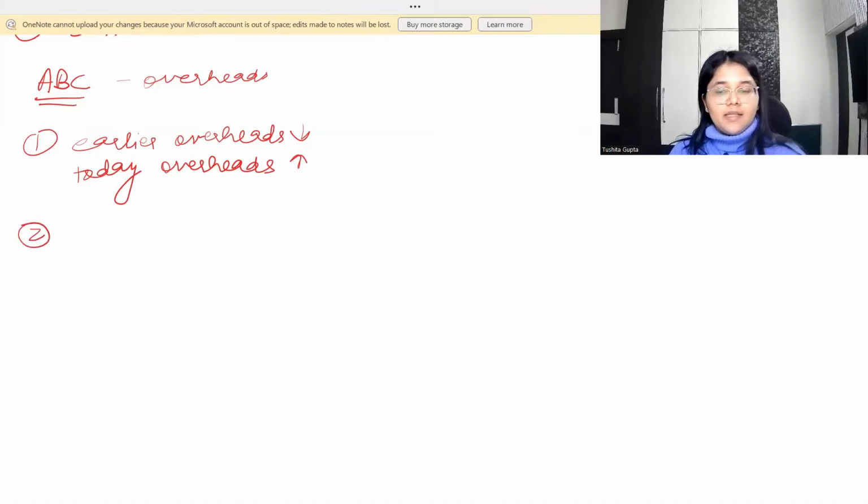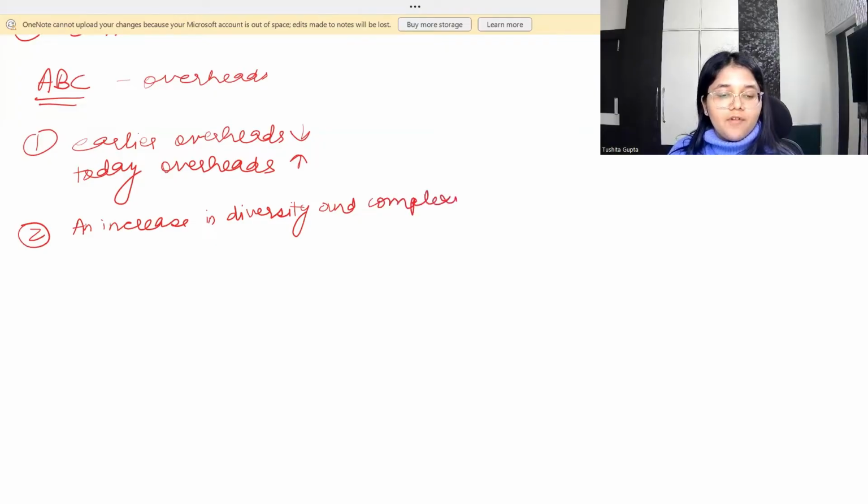Now, another reason that we can possibly attribute to why ABC was developed is an increase in the diversity and complexity of products. So, what do we mean? Let's understand both of these terminologies one by one.